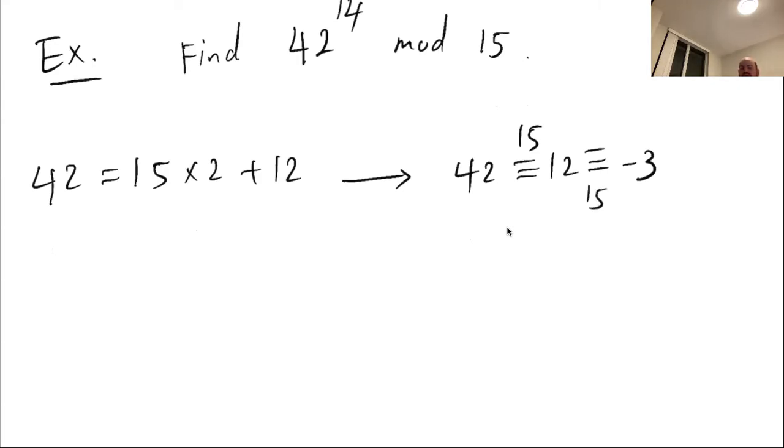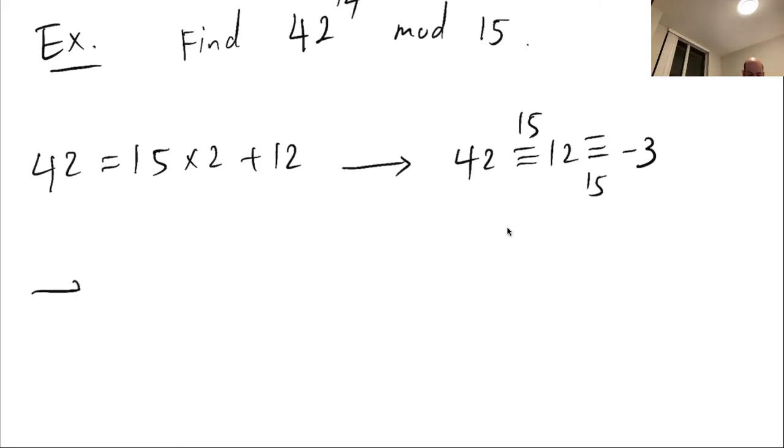Because the difference between 12 and -3 is 15 itself, which is of course divisible by 15. So instead of 12, I can replace it with -3, and it's easier to find powers of -3 because 3 is a smaller number compared to 12. So 42 to power 14 mod 15 is congruent to -3 to power 14.